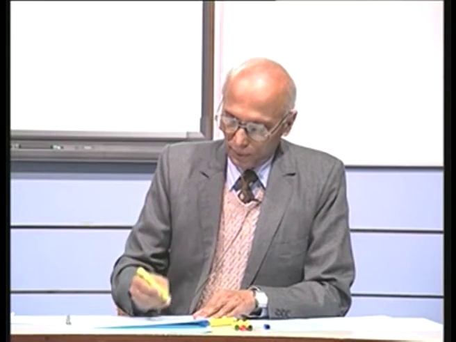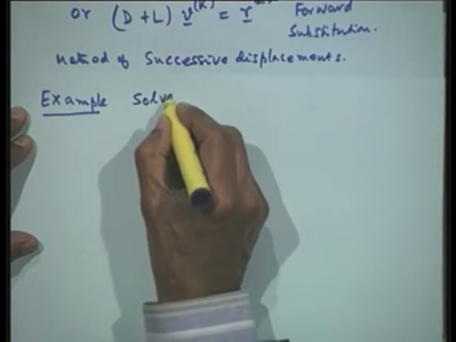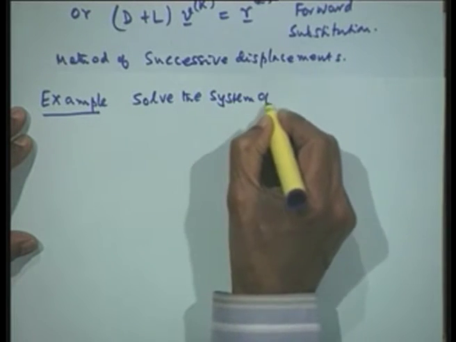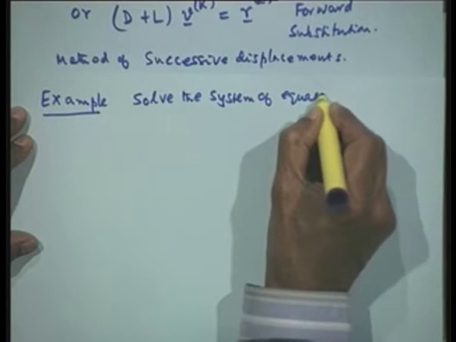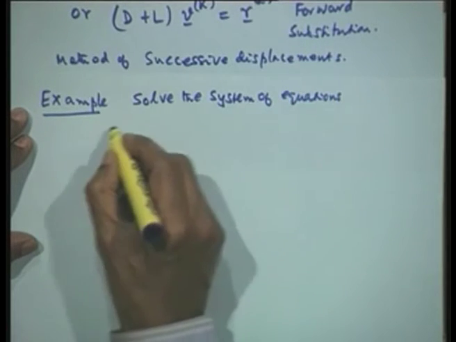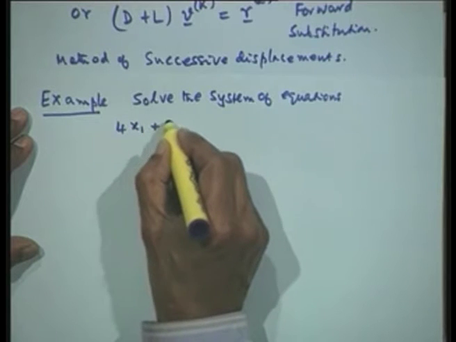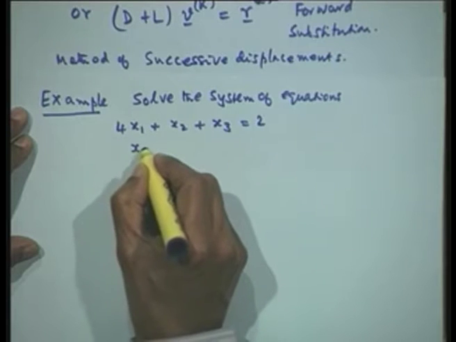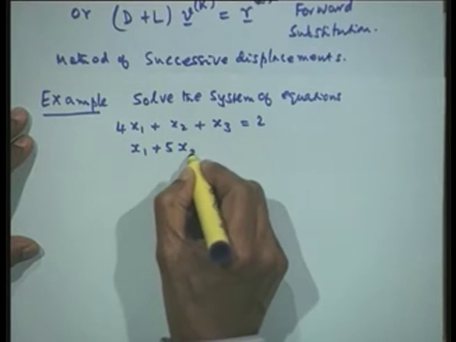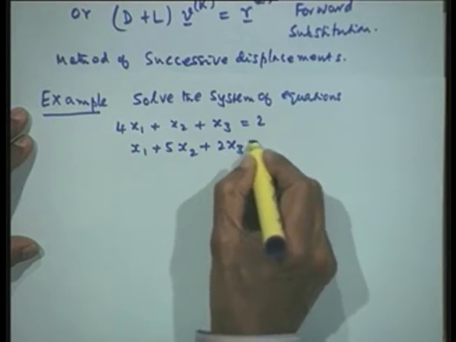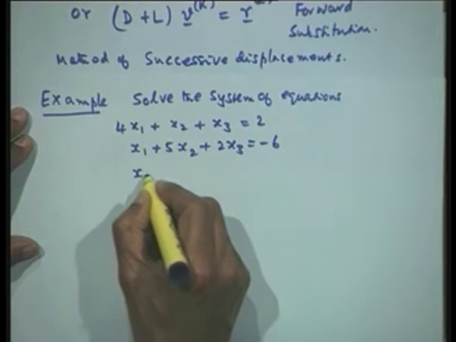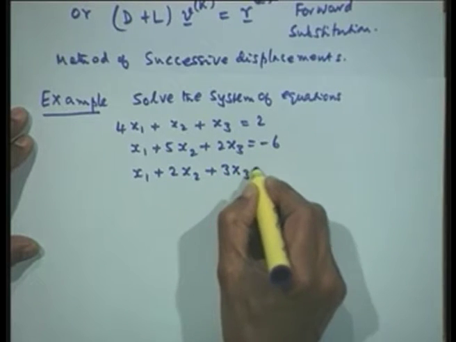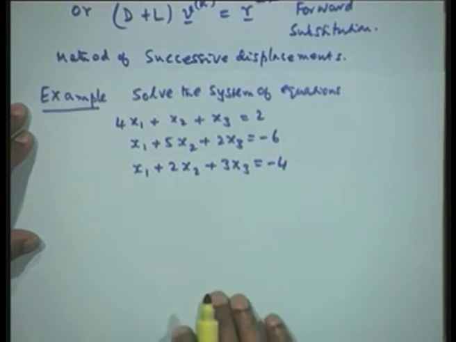Now, let me write an example. Solve the system of equations: four x1 plus x2 plus x3 is 2, plus 2 x3 is equal to minus 6, x1 plus 2 x2 plus 3 x3 is minus 4.